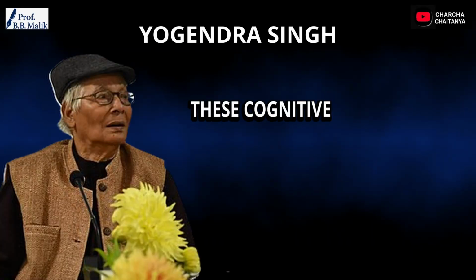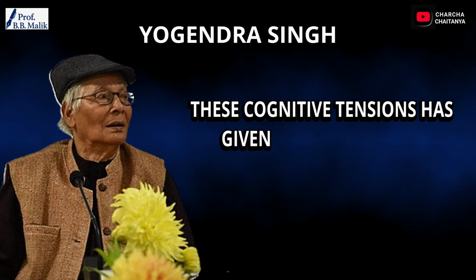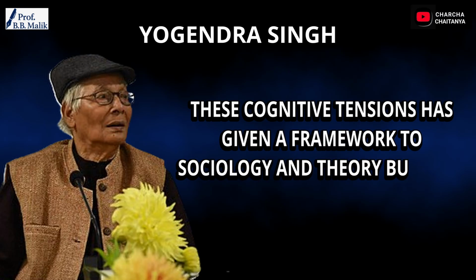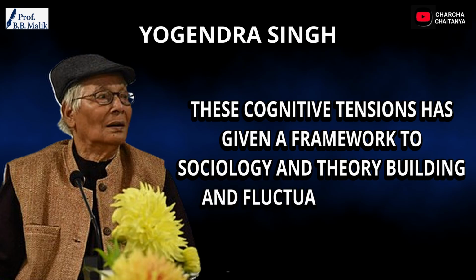And therefore what Yogendra Singh is trying to argue is that these cognitive tensions have given a framework to sociology and theory building, which is fluctuating in nature. It's not that a particular system or a particular theoretical framework is given and you have to go by that. No. So the theory building process in India was fluctuating.